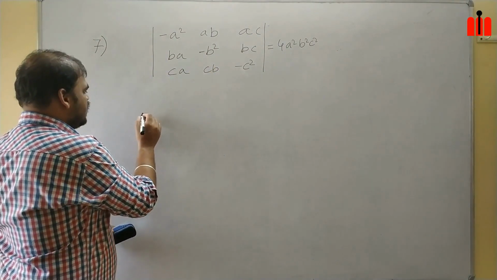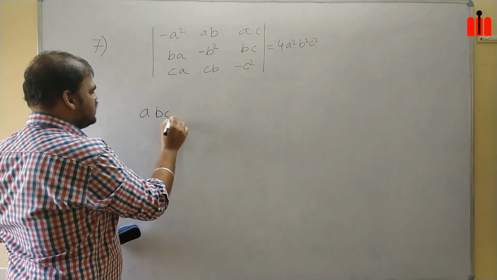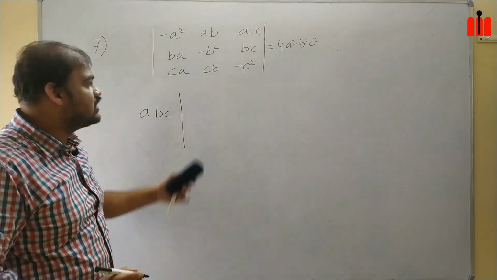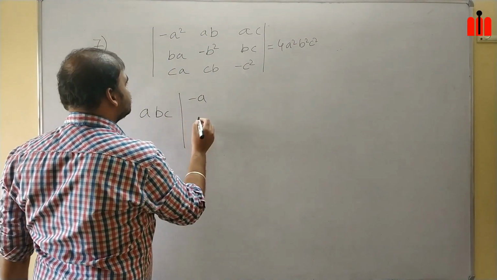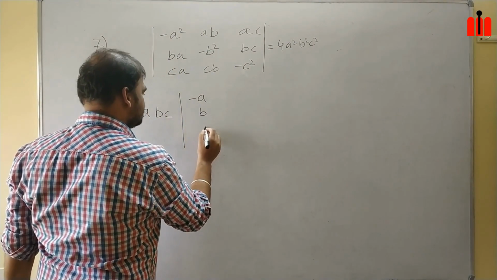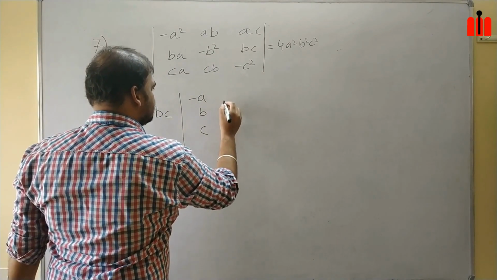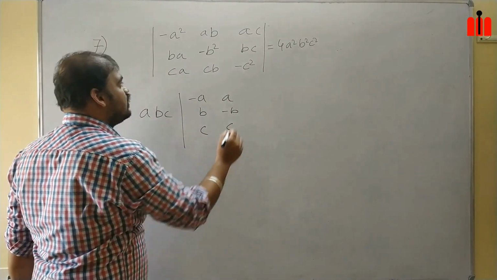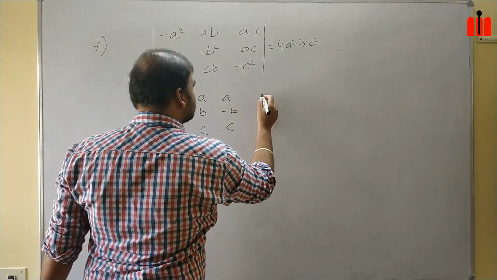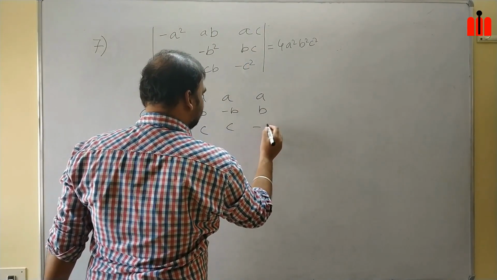So a, b, c are common from respective c1, c2, c3. So it will become minus a, b, c; here b is common, so it will be a, minus b, c; here c is common, so it will become a, b, minus c.